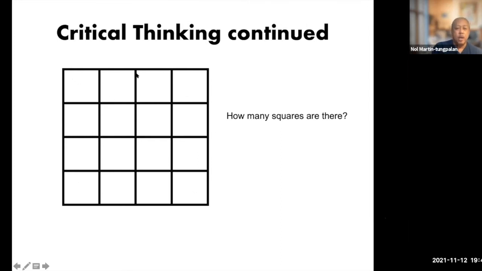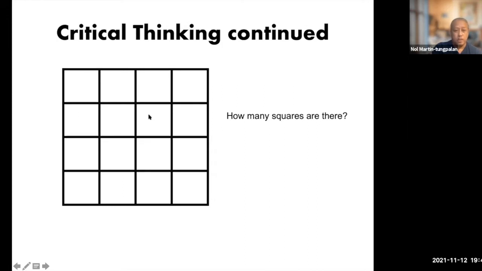There's one square, which is the entire square. So that's one. And then there are 4 squares here, 4 squares here, so that means there's 16. So 16, that's 17 so far. And then if you look at this, this is 1 square, but 4 by 4.